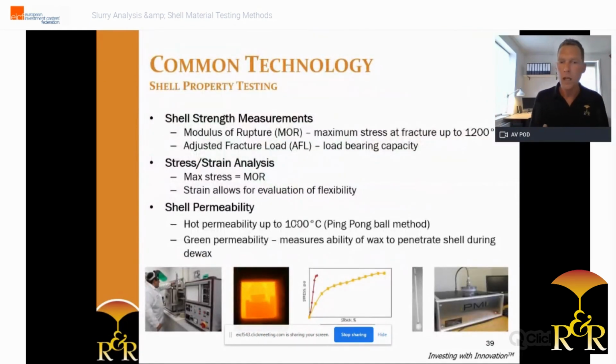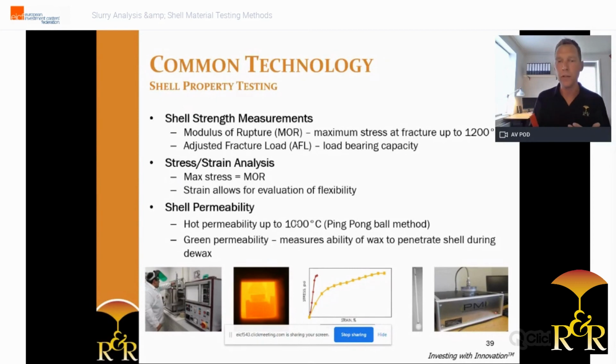Common and renowned measurements are, of course, MOR, which is used with these kinds of wax bars which are shelled. MOR measures the maximum stress at fracture of a test piece. This test is beneficial because it will tell you at which point the shell starts to crack. We are able to perform these tests at the actual temperature of the casting.